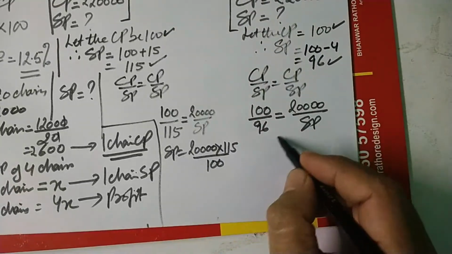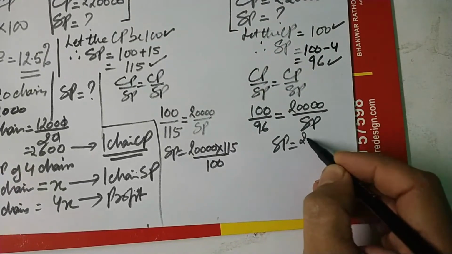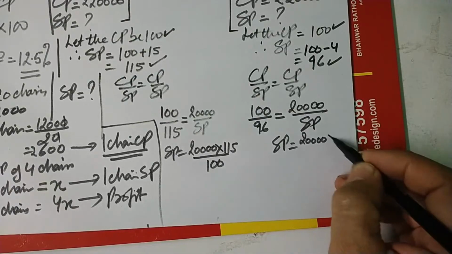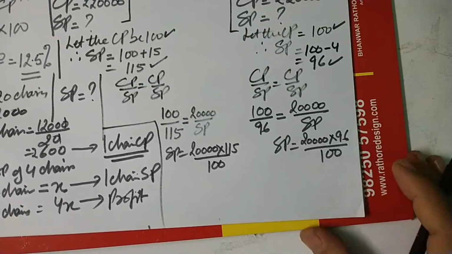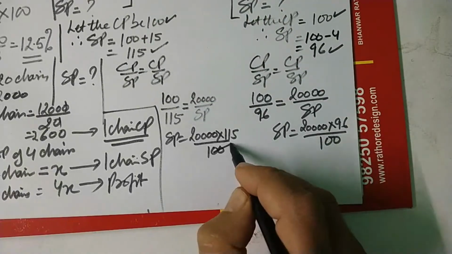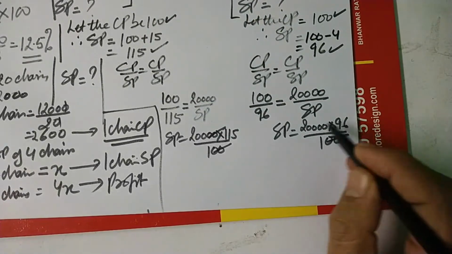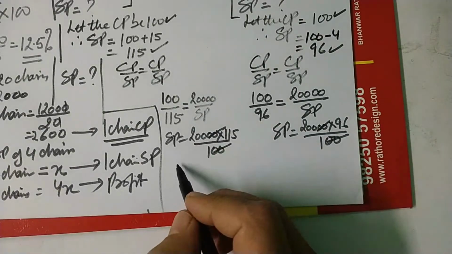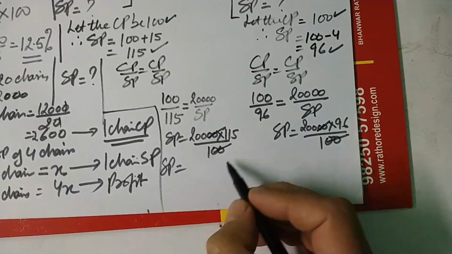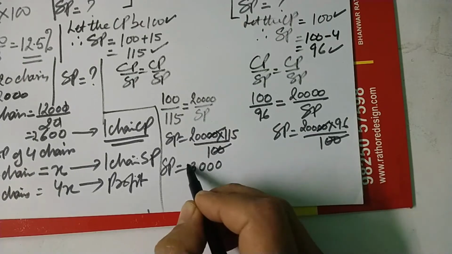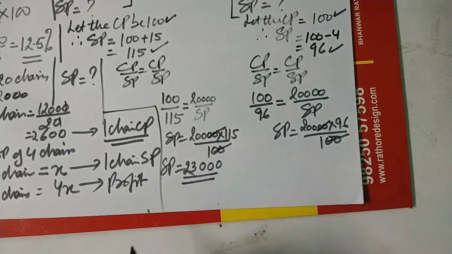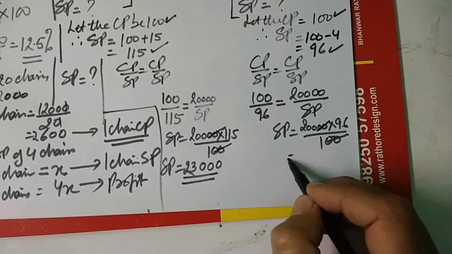In the second case, it will become SP is equal to 20,000 into 96 upon 100. Now when you divide, this will become SP is equal to 23,000, and here it will become 19,200.